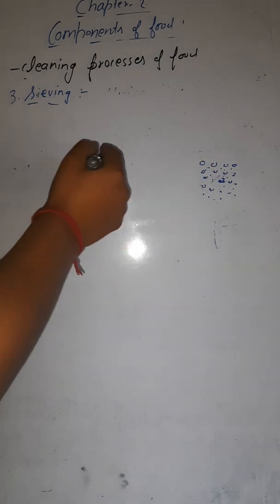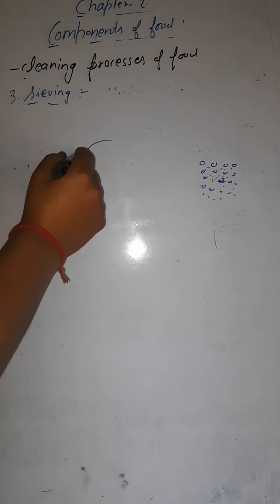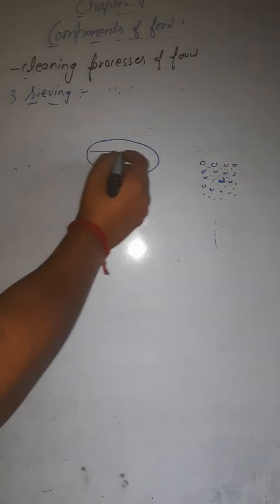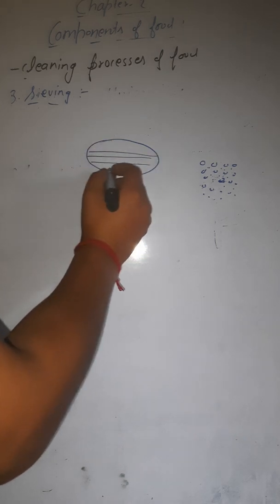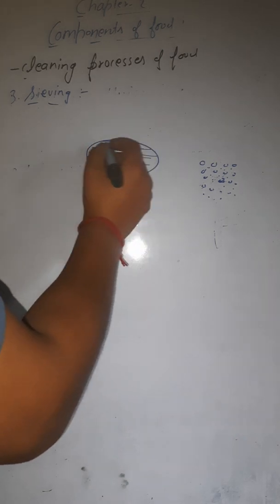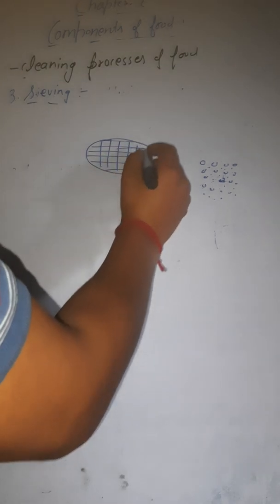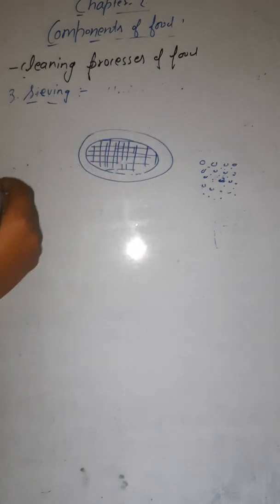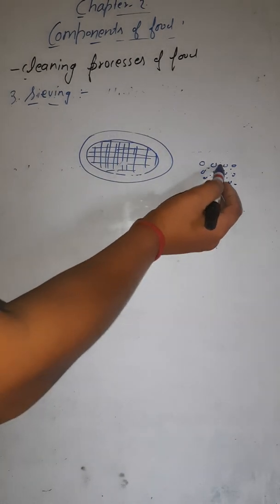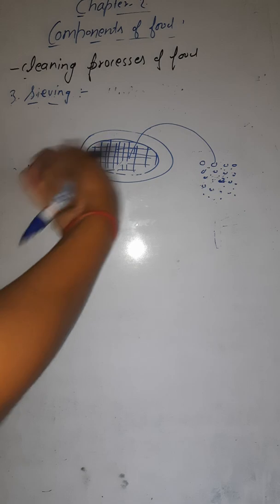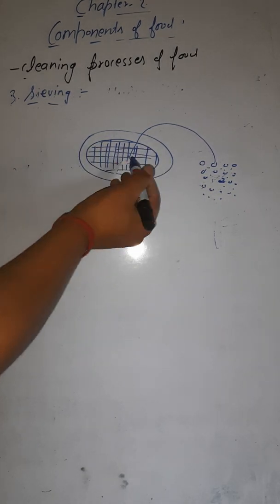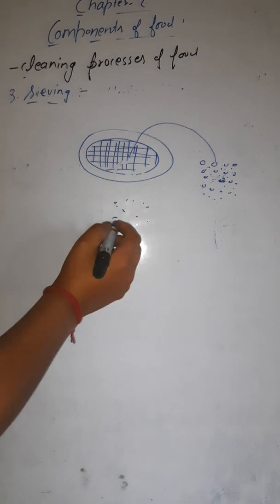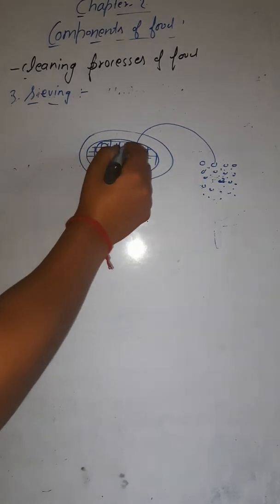So how would you separate these small particles now? We take a vessel like this, having a net here. We put all these particles here, then we shake it, and while shaking, the smaller particles will come down and the bigger particles will remain up here.